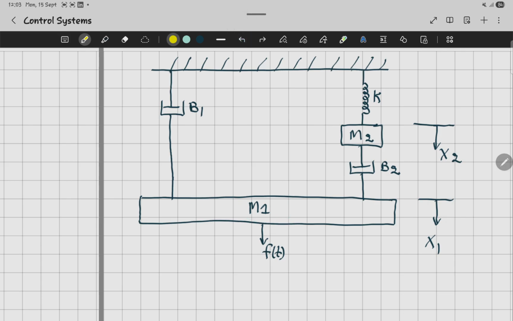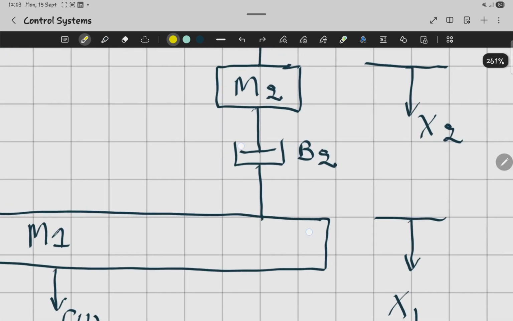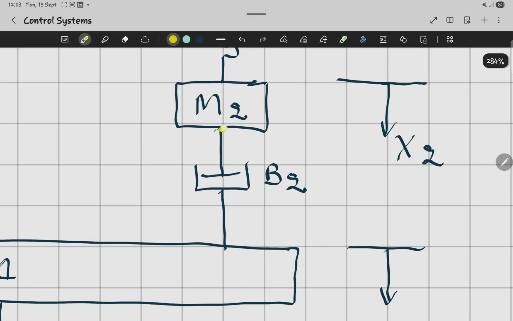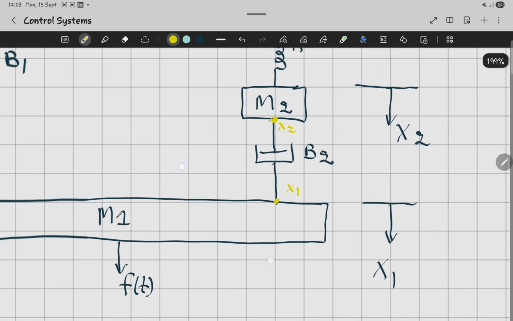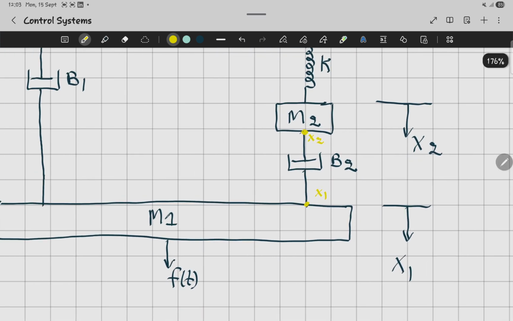Before I separate them, I need to specify the component in between those two masses, and the tension that we have here. Here it's x1 because mass 1 we get x1, mass 2 we get x2. So that is the thing you need to pay attention to.